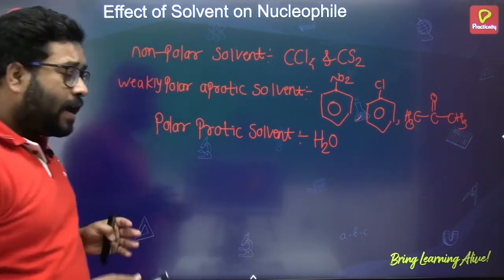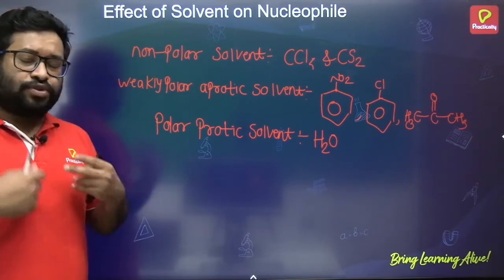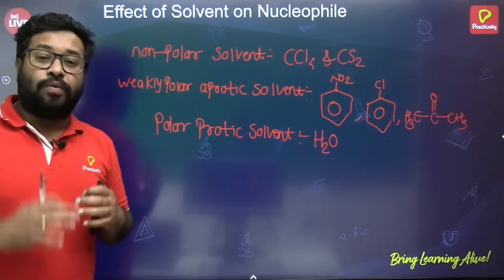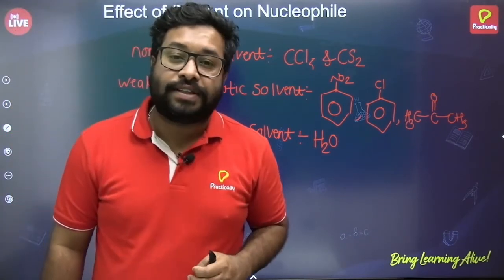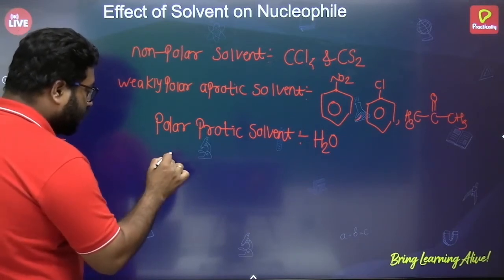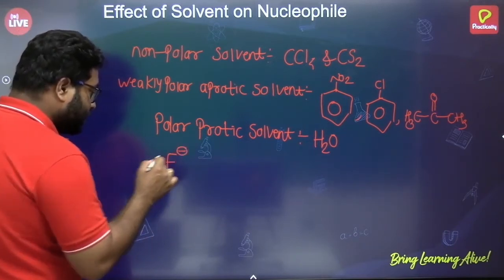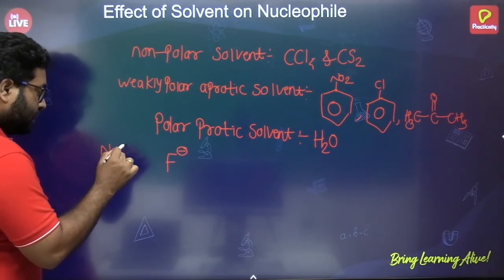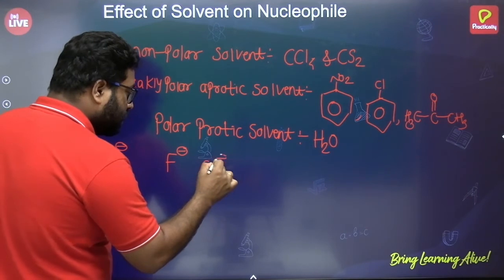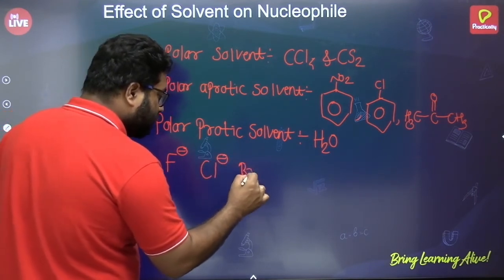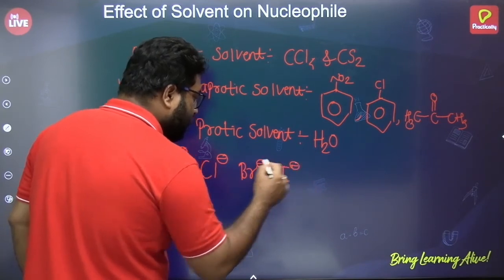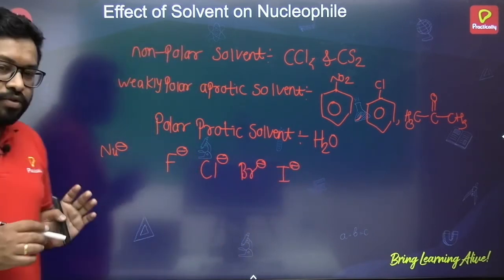Okay, now if you check your nucleophile in any of these solvents, you would find their nucleophilicity order is, let me show you. Suppose you are having F minus as a nucleophile. These are your nucleophiles, for example, F minus, Cl minus, Br minus, and lastly I minus.